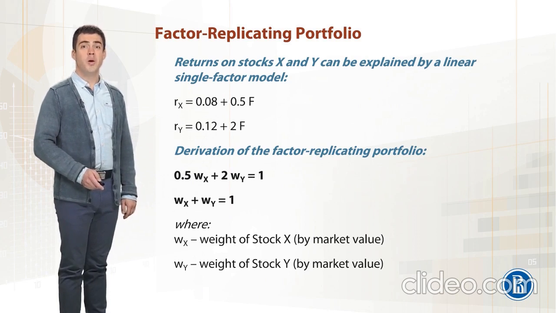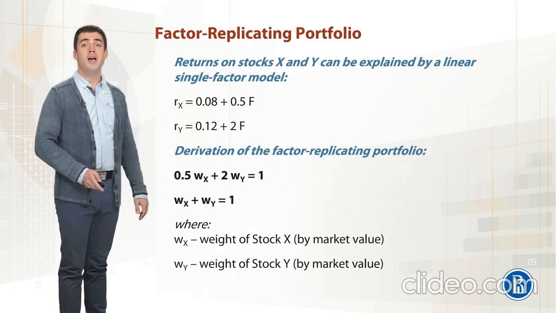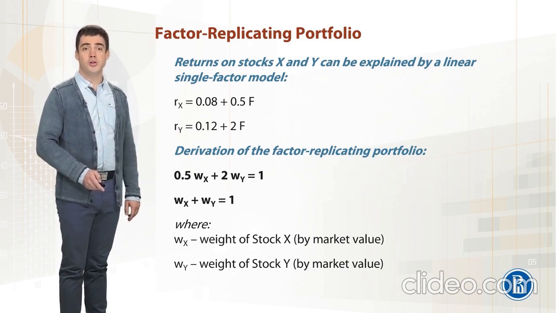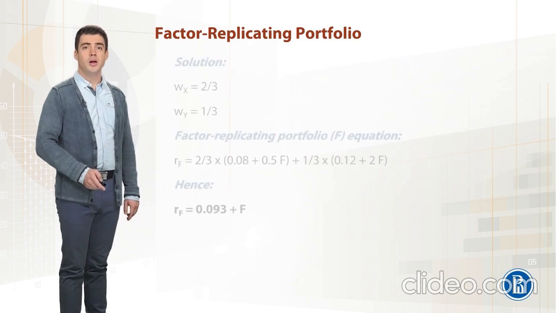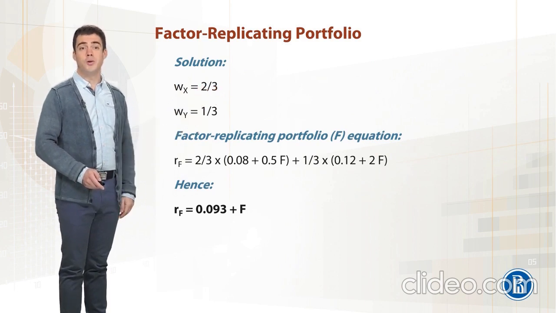The second equation corresponds to the fact that the total weight of all assets in our portfolio should be equal to 1. As this is the system of two linear equations with only two unknowns, it's assumed to have just one solution, which is right here in front of you.